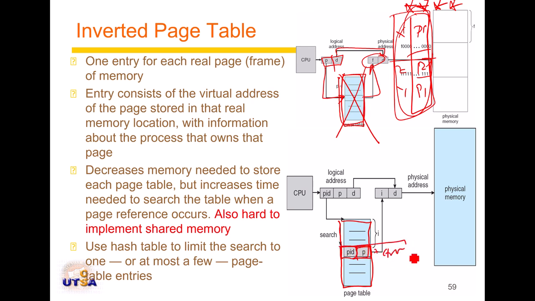So based on these 3 pieces of information, you can compute the inverted page table entry size. Okay, then the rest is just to figure out how many page table entries you have in that inverted page table, since you need to have 1 entry for each frame in the physical memory.